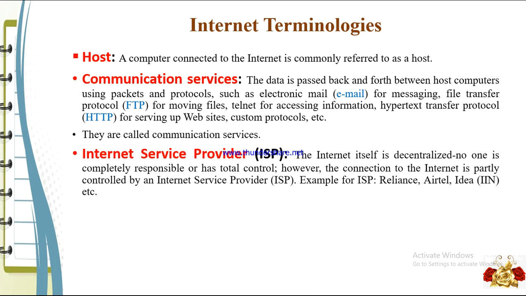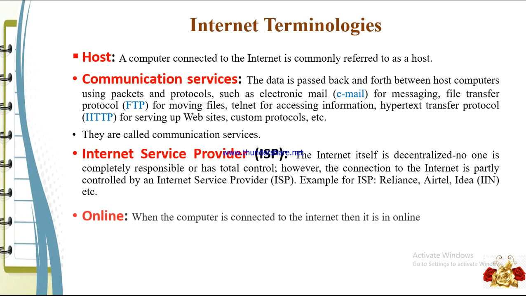Another one is the ISP, the internet service provider. You have heard of company names like Airtel, Reliance, BSNL, Vodafone, Jio. These are the names of providers. The internet itself is decentralized, but the connections to the internet are partially controlled by the internet service provider, that is ISP.